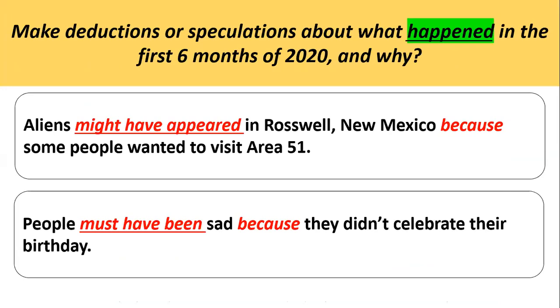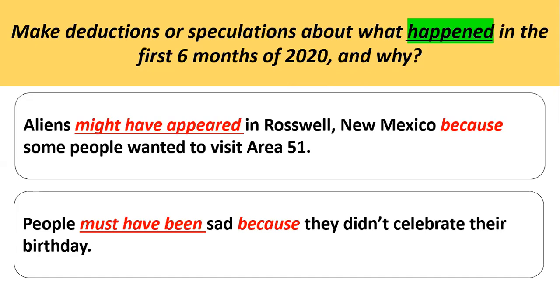The instructions are to make deductions or speculations about what happened in the past, in the first 6 months of 2020, between January and June, and why.